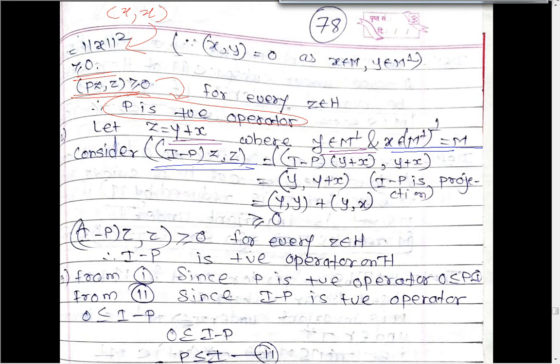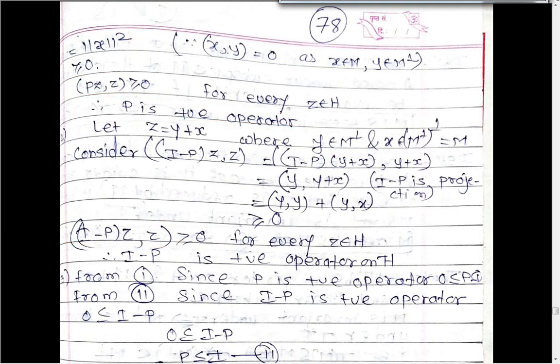After evaluation, as in the previous case, it is actually equal to norm of y square, and that norm of y square is non-negative. So again inner product of I minus P z and z is greater equal to 0, hence I minus P is positive operator.